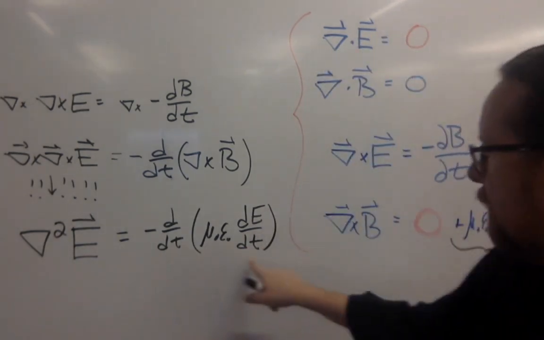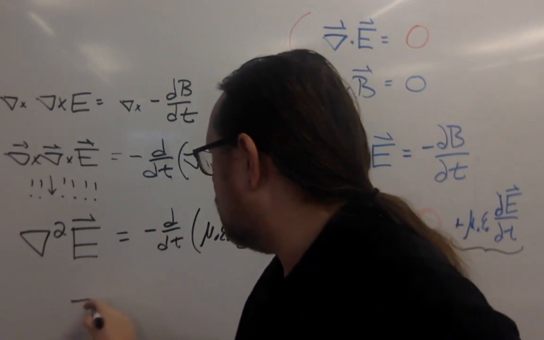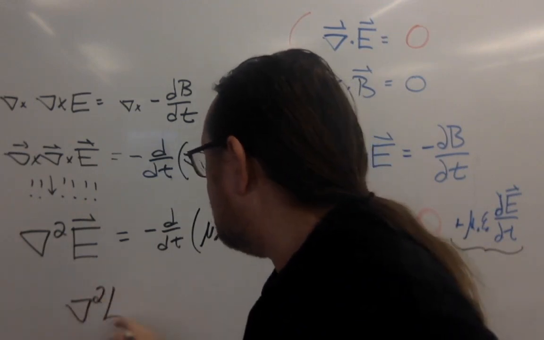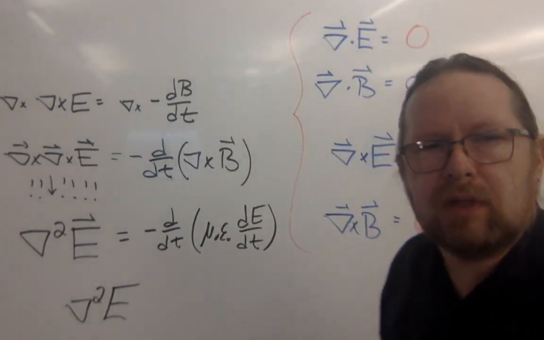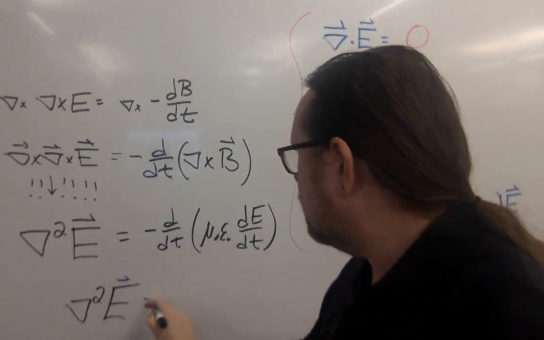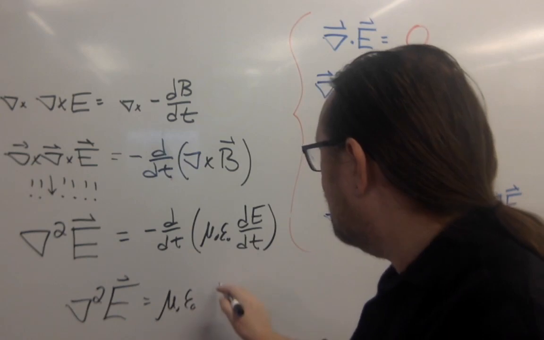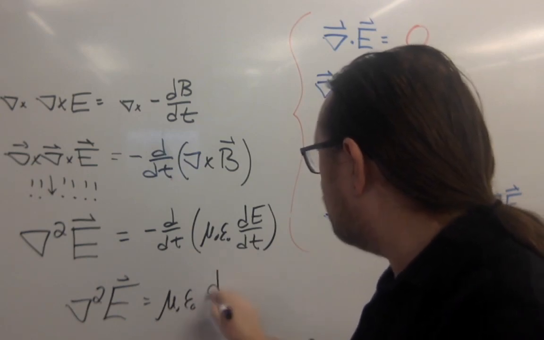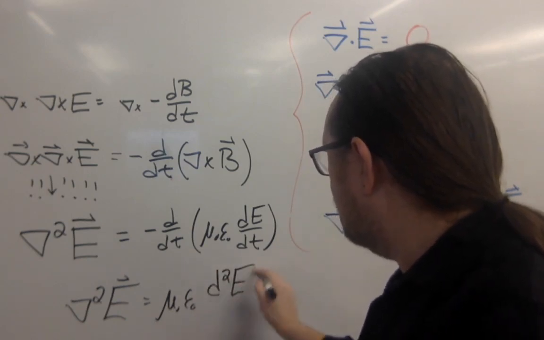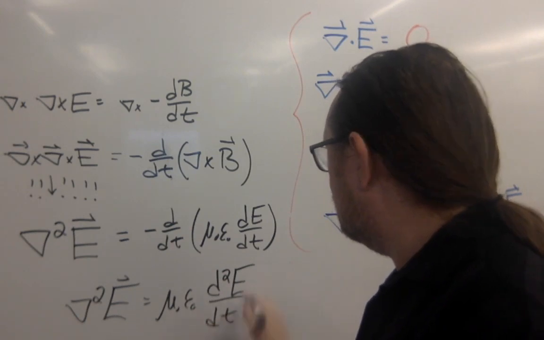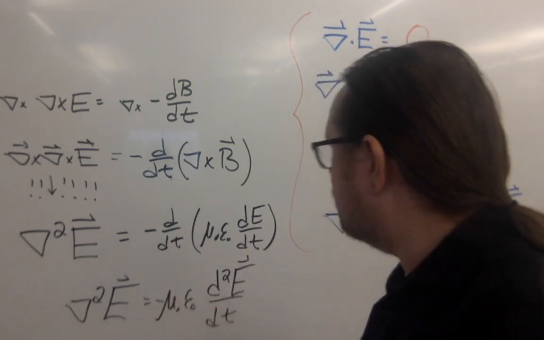And this is the derivative of the derivative. That's just the second derivative. So what we've got here is some kind of spatial second derivative of the electric field is equal to mu 0 epsilon 0 times some kind of temporal second derivative of the electric field. I've left out my minus sign.